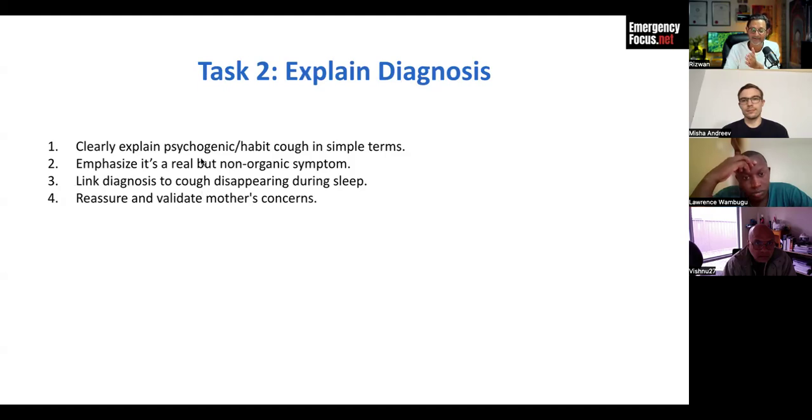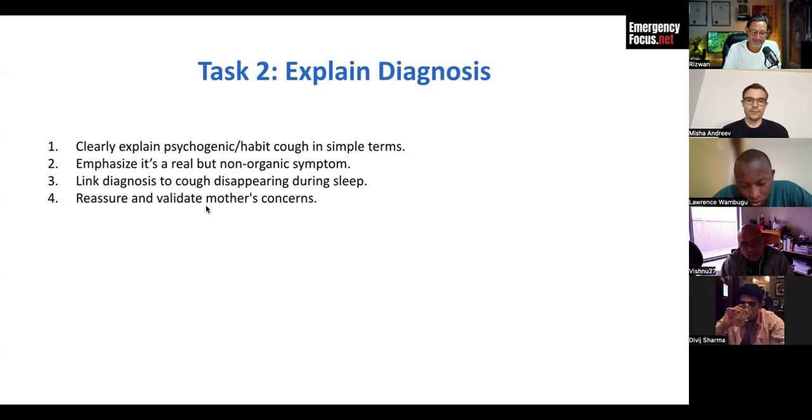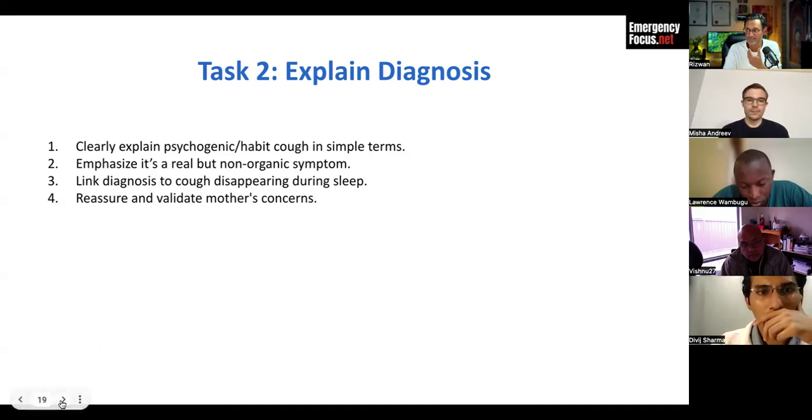It sounds more like a psychogenic or habit cough based on these three things, because it's only there when awake, there's no associated underlying infection, and there are some stresses which we should establish by that time by taking the social history. And linked to the diagnosis, I'm re-emphasizing the same point over and over again, that the cough escapes or relieves during the nighttime, and you reassure and validate the mother's concern.